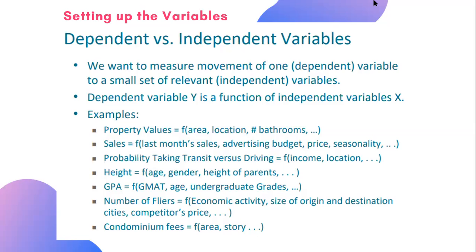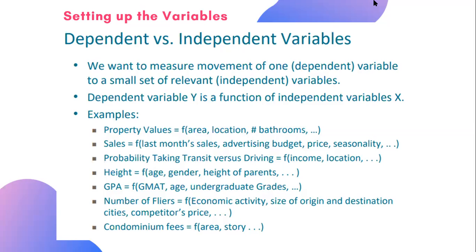So there are so many factors that could affect the sales that a company is able to generate in the current month. If we look at this example, the sales generated in the current month is the Y variable, and it is dependent on a series of different X variables, which include things such as the advertising, the price, seasonality, last month's sales, and there could be many more. Hopefully by understanding these examples, you have a better grasp now of what independent and dependent variables are.